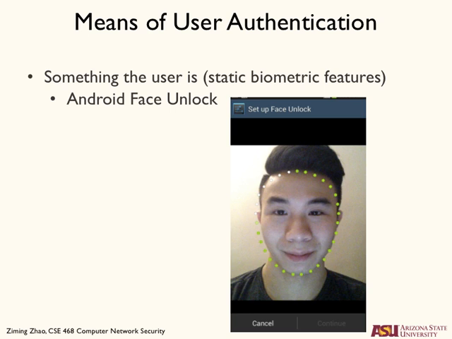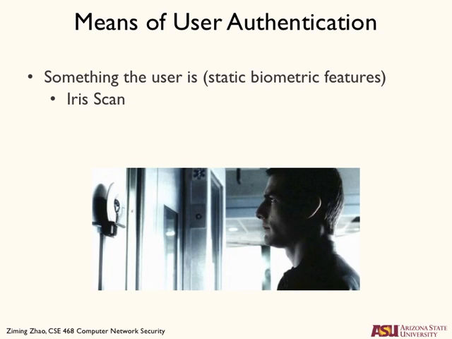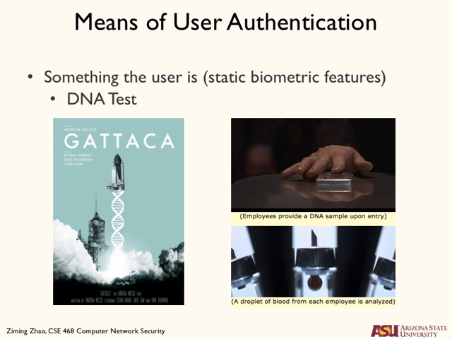And I think they are kind of reversed. You cannot use a picture to unlock your phone. Some people try that, it doesn't work. And also, this is from Minority Report, I guess. They use iris scan to authenticate you.